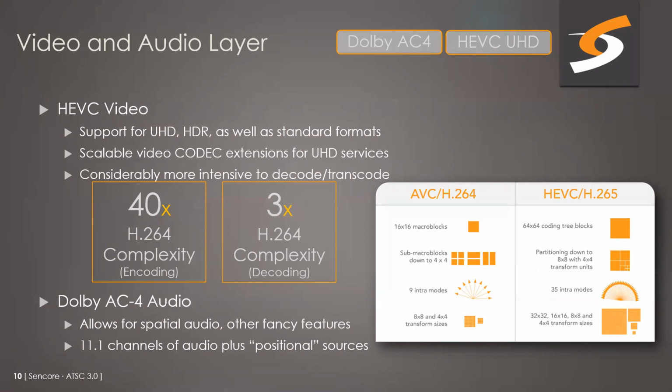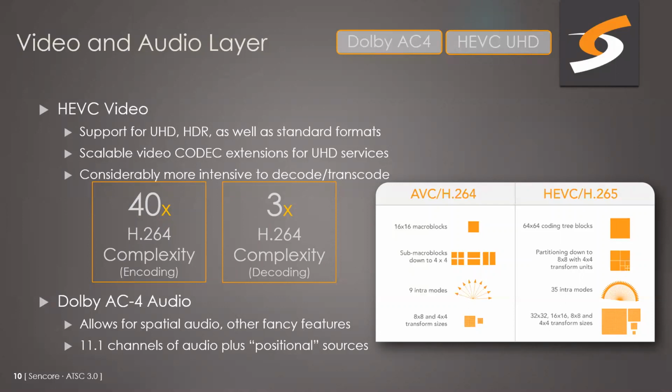So higher resolutions, enhanced dynamic range, all are supported in this, along with a lot of other things, 3D, and other enhancements that HEVC provides, along with the efficiency and compression that HEVC provides.